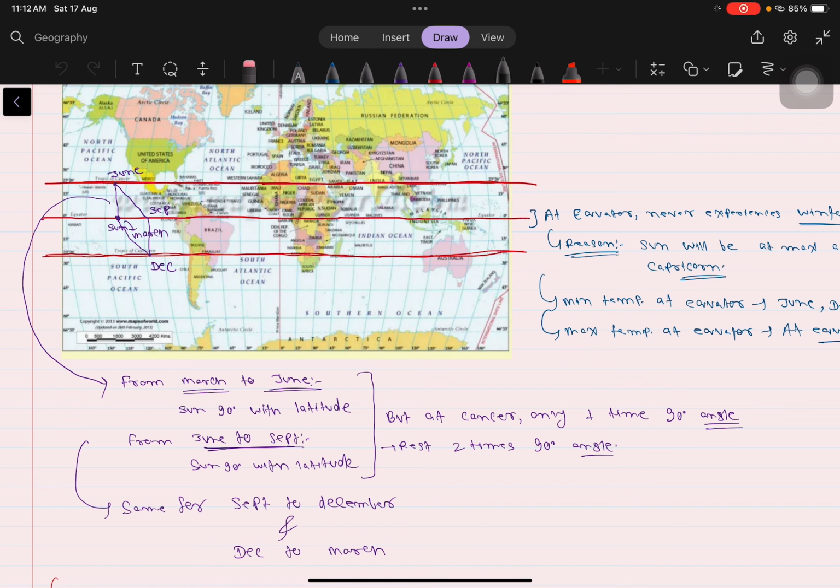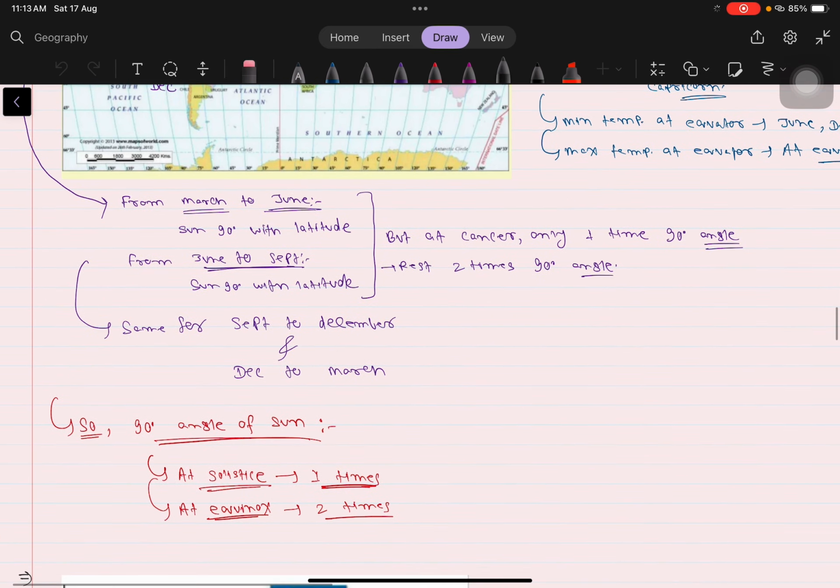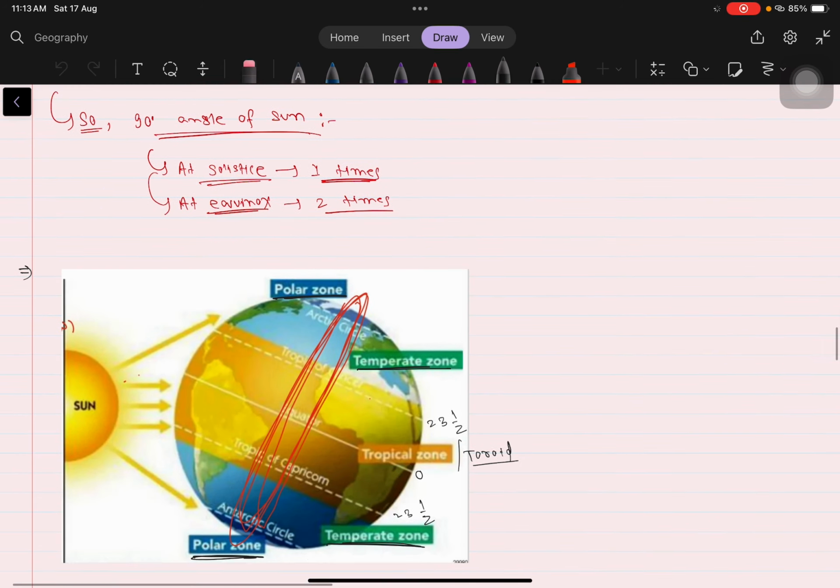Also, the 90 degree angle of the sun occurs one time at solstice and two times at equinox.